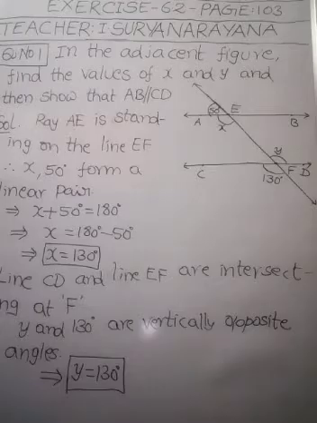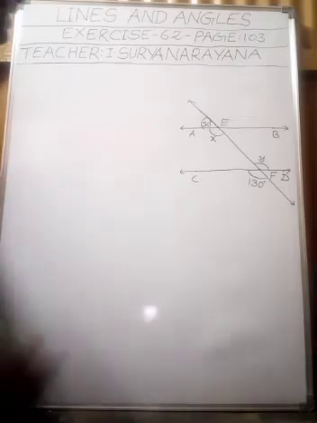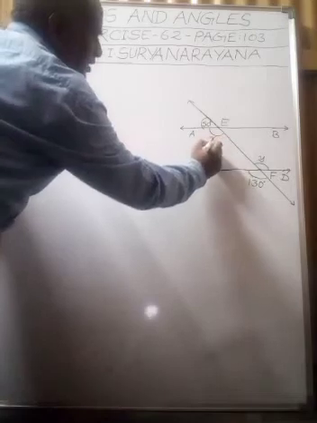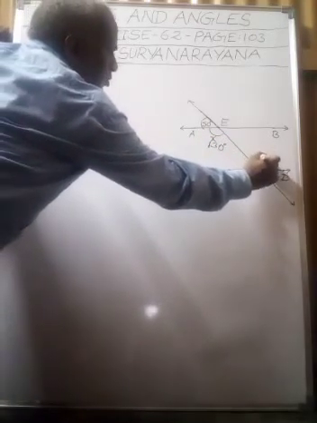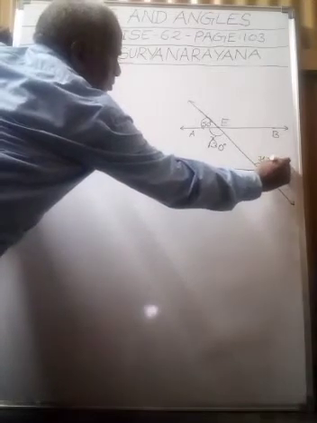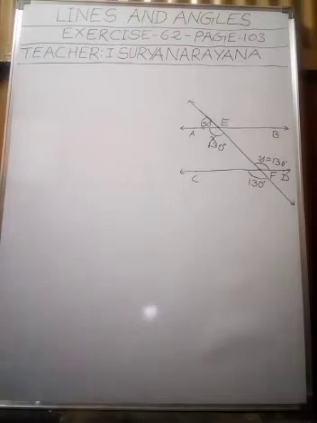Now let us write the values of x and y in the figure. What is the x value here? 130 degrees. And y is also 130 degrees.